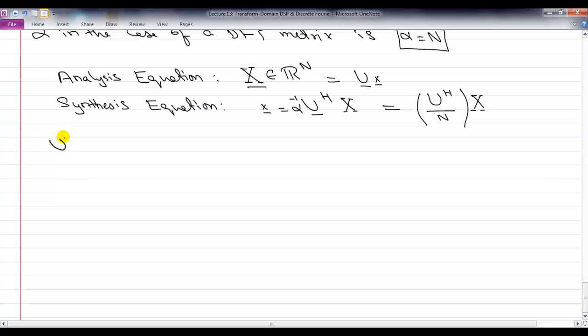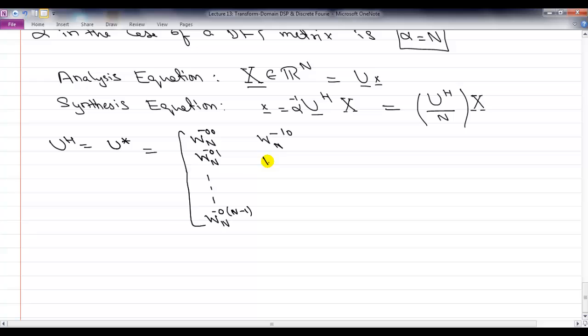So U Hermitian equals U conjugate, which is simply equal to W_N^{0·0}, W_N^{-0·1}, up to W_N^{-0·(N-1)}, W_N^{-1·0}, W_N^{-1·1}, up to W_N^{-1·(N-1)}, and so forth up to W_N^{-(N-1)·0} and W_N^{-(N-1)·(N-1)}.